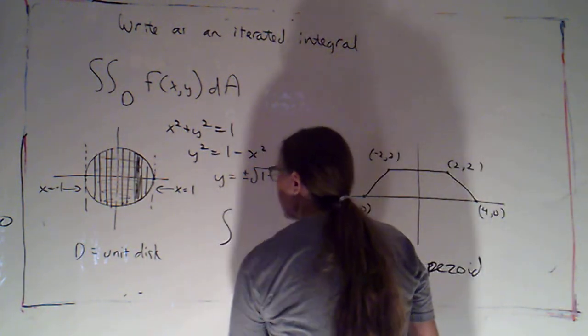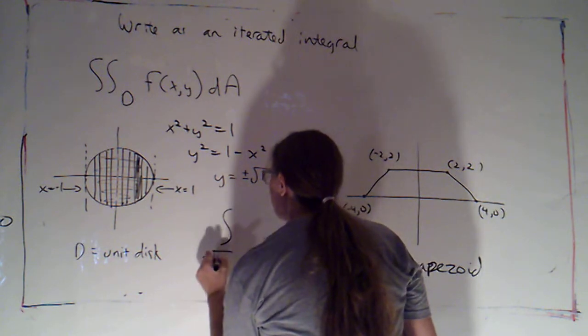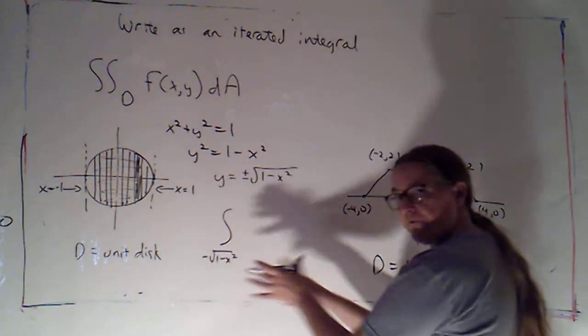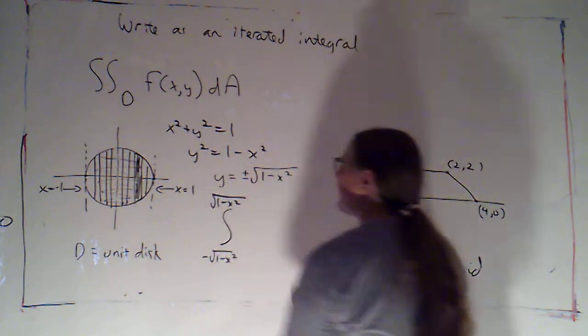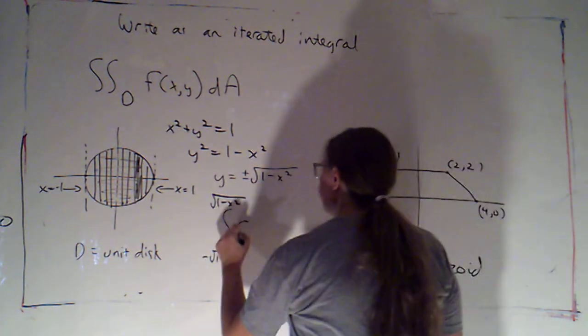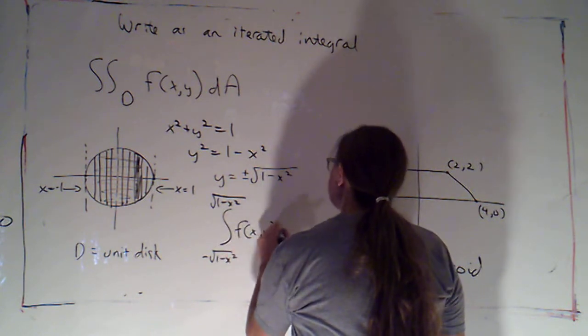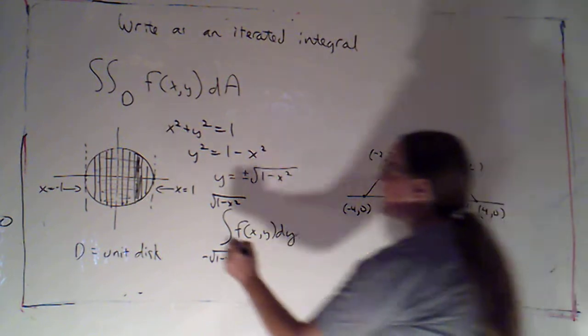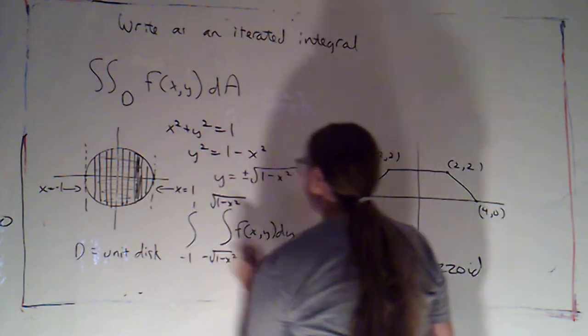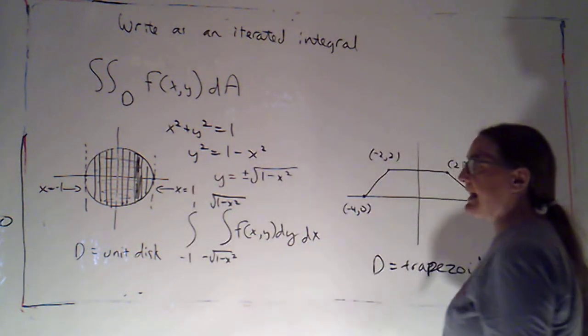So my inside integral, I'm going from -√(1 minus x squared), which is the y value on the bottom, to +√(1 minus x squared), the y value on the top, of f(x,y) dy, and then my x values are going from -1 to 1, and that's dx.